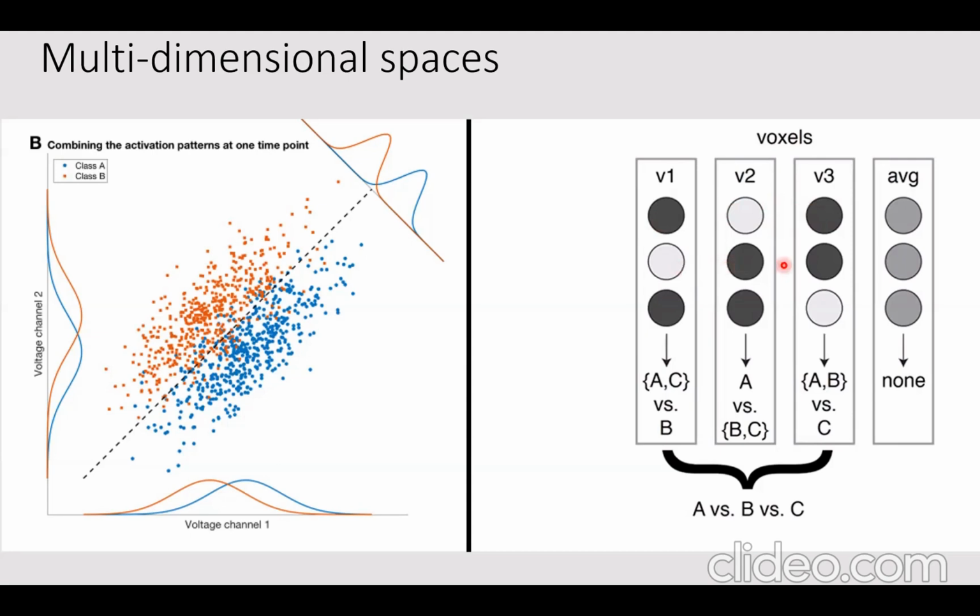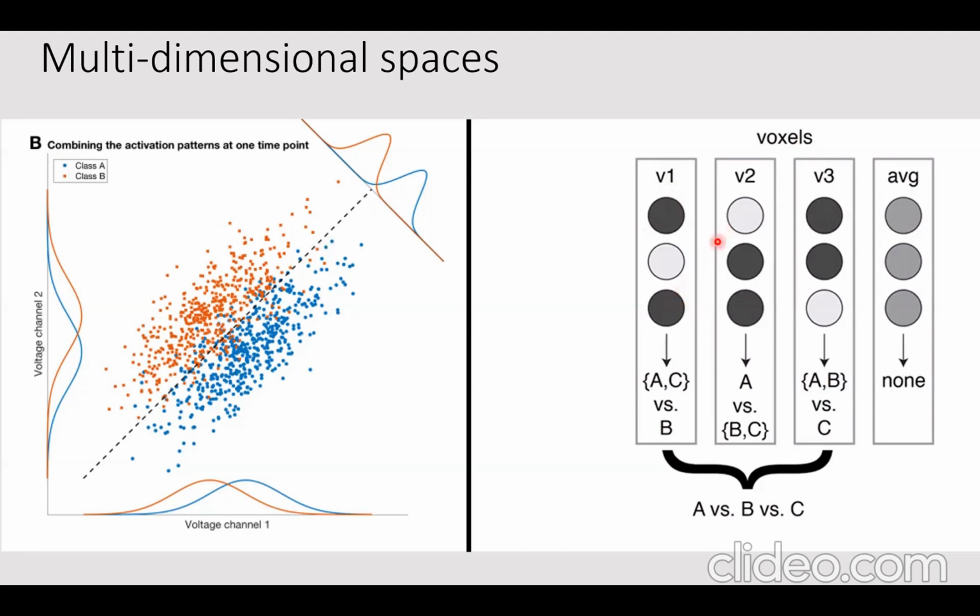But this is a different combination for cognitive state B, where voxel 1 responds low, voxel 2 high, voxel 3 high, and so on. So basically, by looking at the pattern across these voxels, we are effectively putting the stimuli, or the cognitive states that we're interested in, in this multidimensional space, rather than averaging across all the voxels.